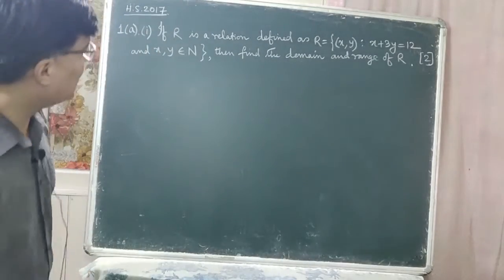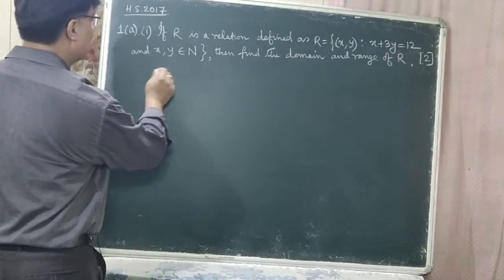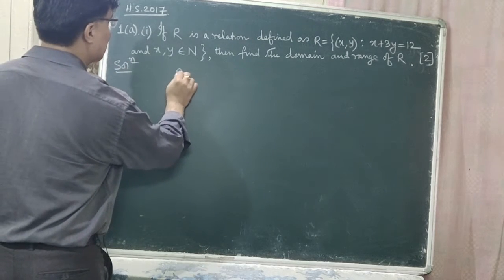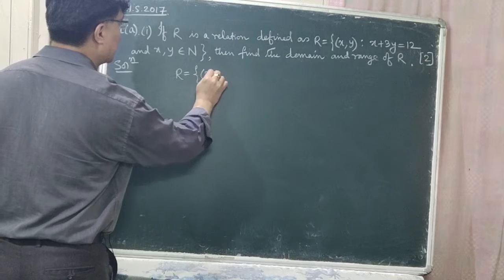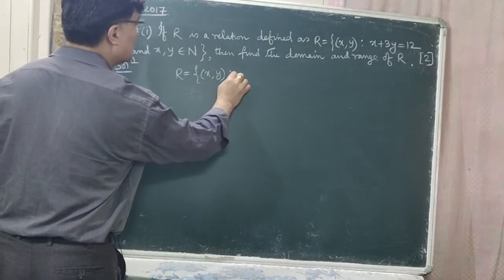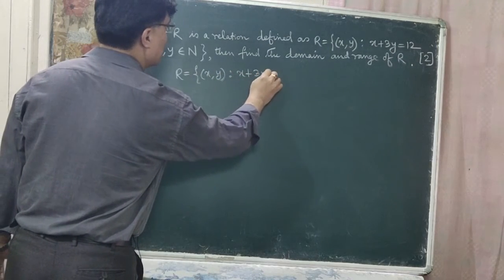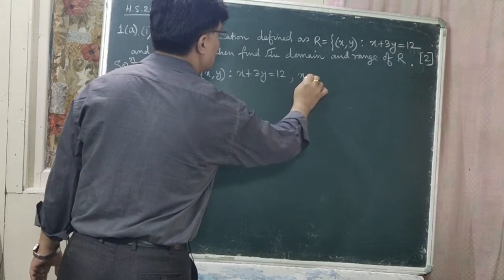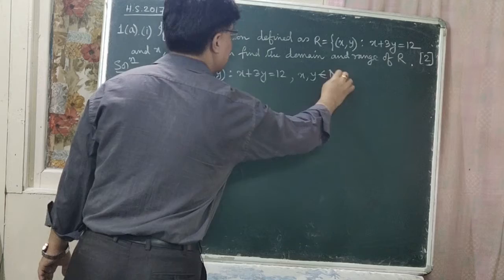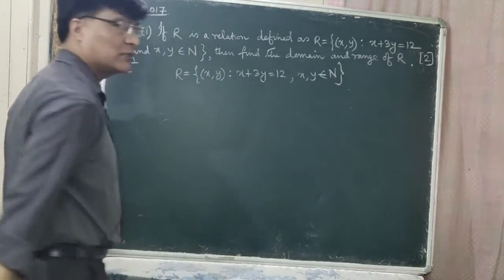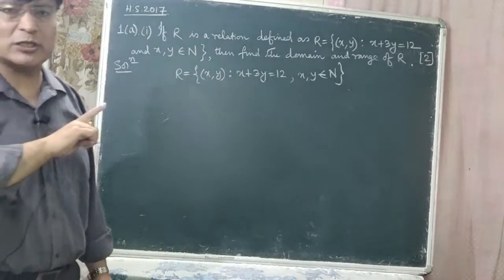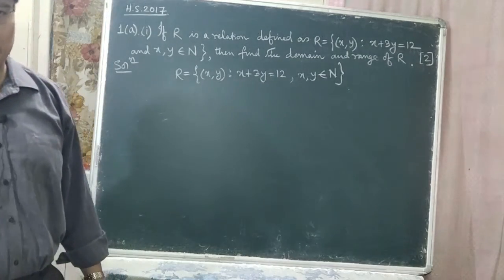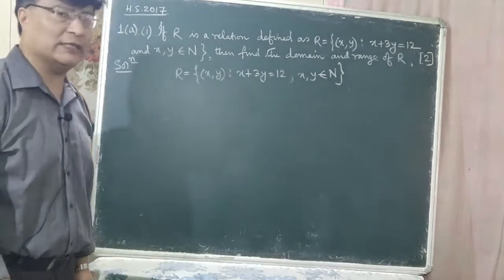So now what is given here? Now this is the solution. Capital R is equal to the set of x comma y such that x plus 3y is equal to 12, for all x comma y belonging to the set of natural numbers. You know natural numbers begin from positive 1: plus 1, plus 2, plus 3, plus 4, etc., going up to plus infinity, right?